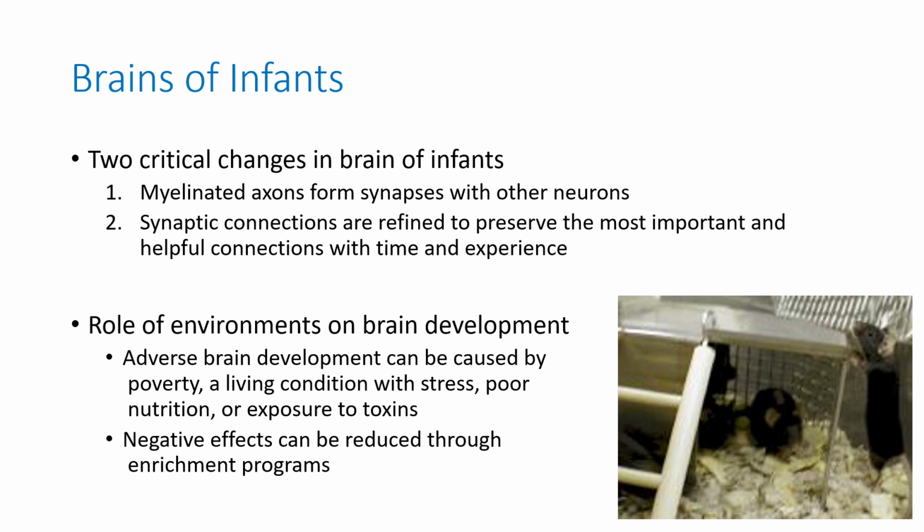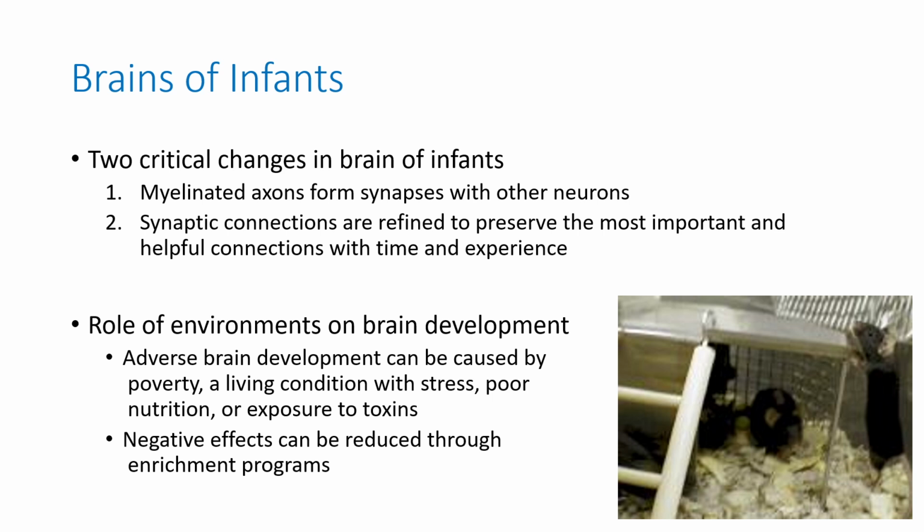In humans, research has shown that children who grow up in poverty or in living conditions of high stress or who have poor nutrition or exposed to toxins can actually have differences in their brain development.